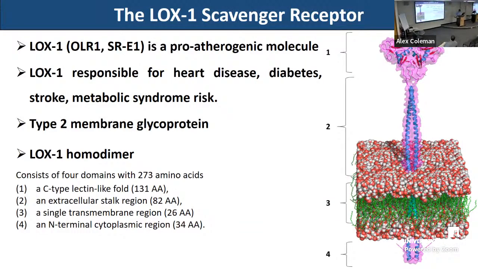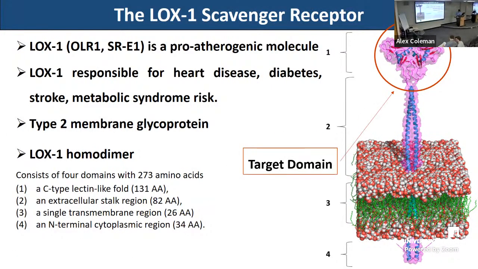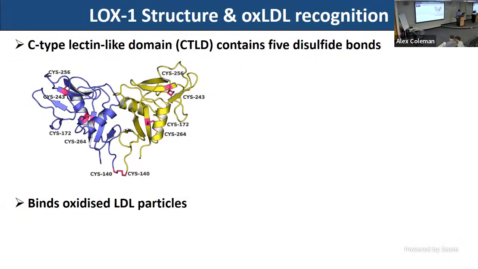And then the last one is the N-terminal cytoplasmic region, which contains 34 amino acids, which is present inside the cytoplasmic region. In this work, we mostly focus on this C-type lectin-like fold, which contains 131 amino acids. This is our main target.